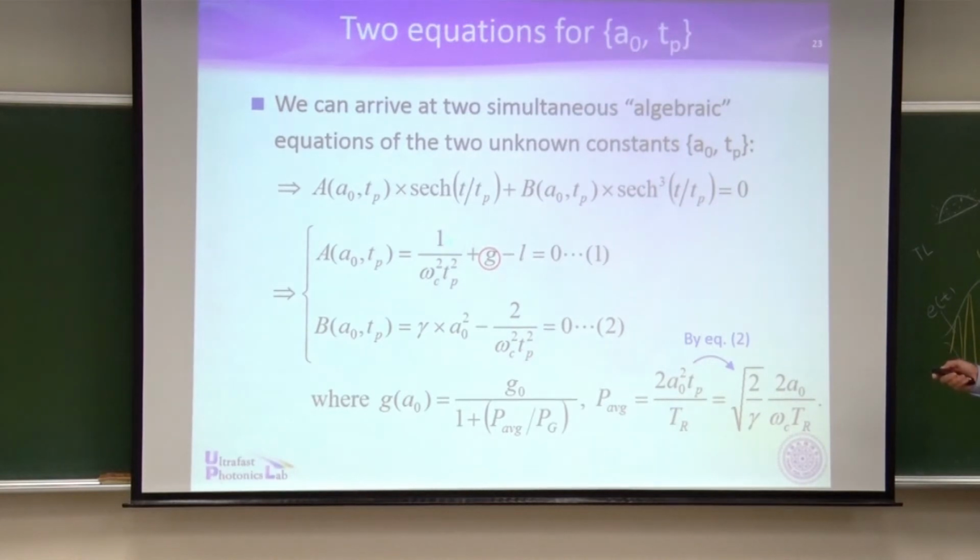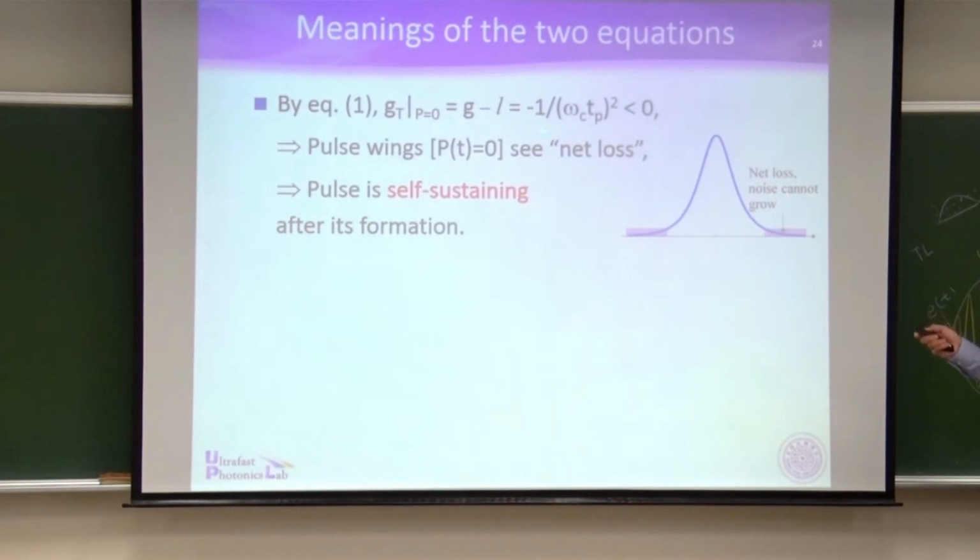you get minus (1 over omega CTP) in parentheses, squared. And this number is always negative, as you can see, because of the square. So it means G minus L is always less than 0. But G minus L means the net gain seen by the pulse wings.